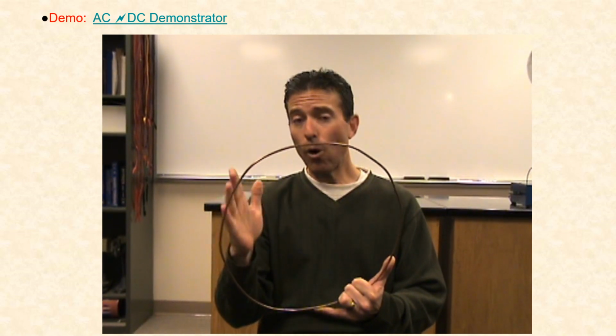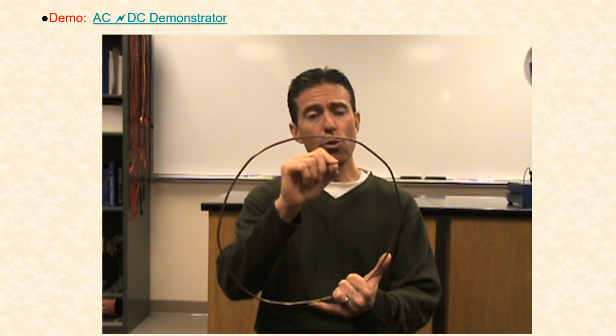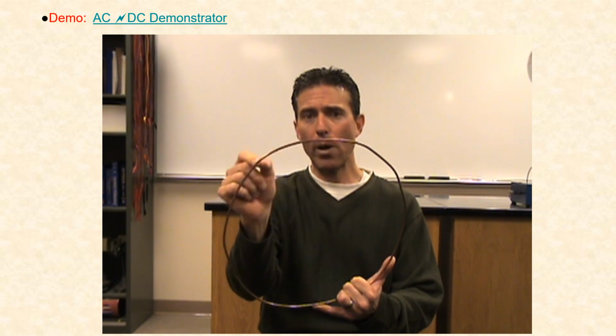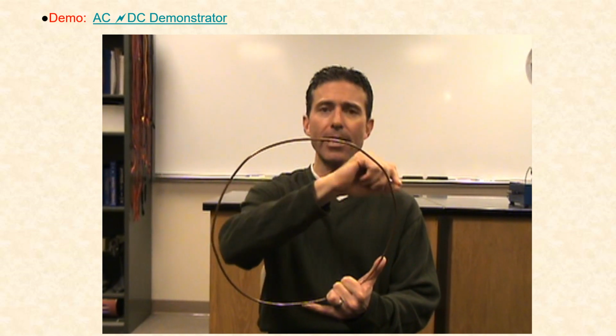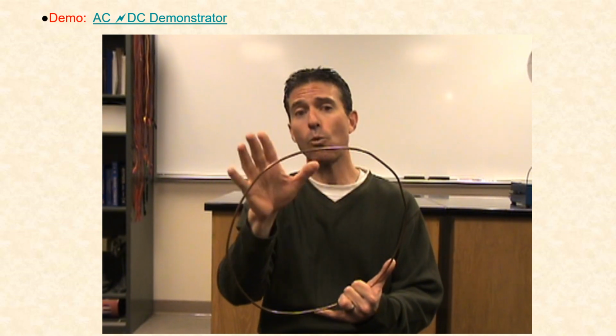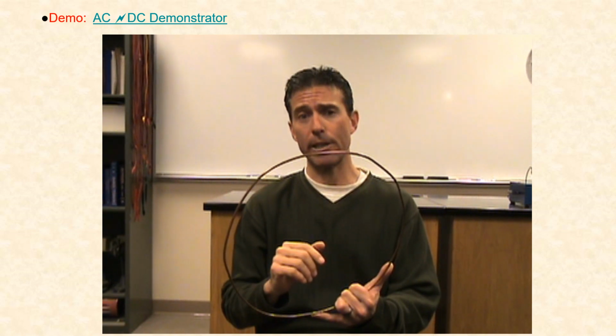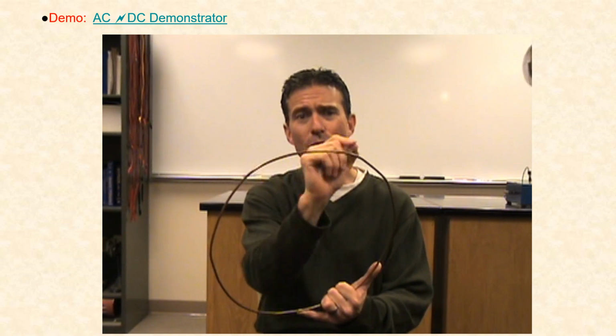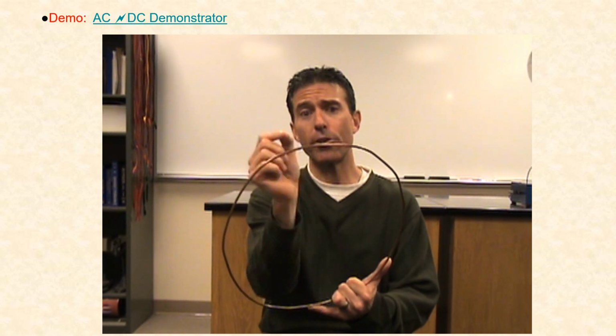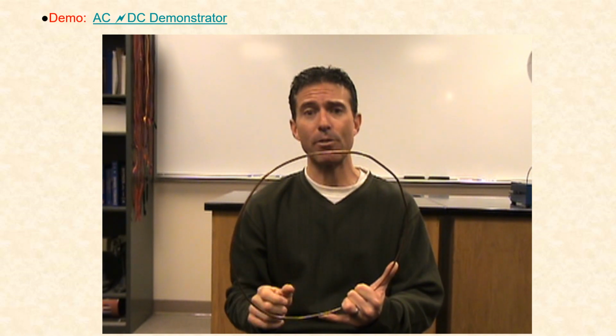As opposed to alternating current, AC, where those electrons first move one way in the wire and then move back in the opposite way. They do this rather quickly. In this country, we have 60 hertz alternating current, which tells us that those electrons are vibrating back and forth in your wire 60 times every second.